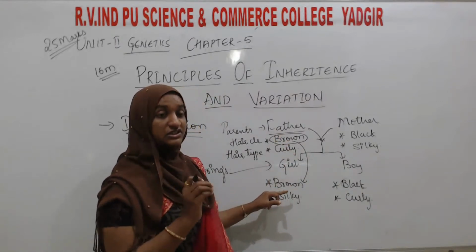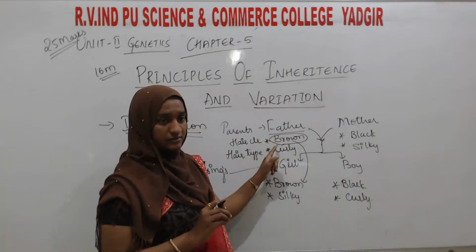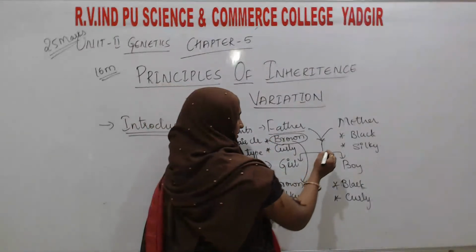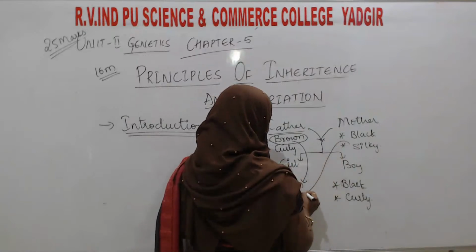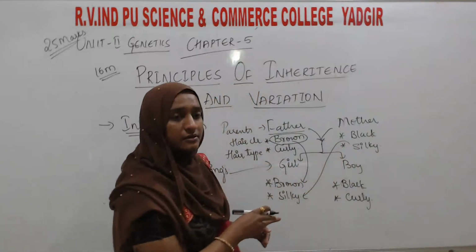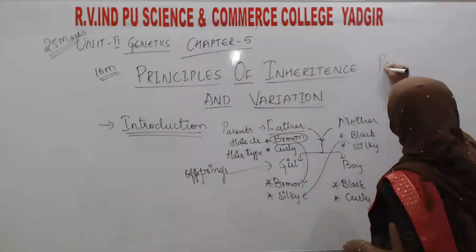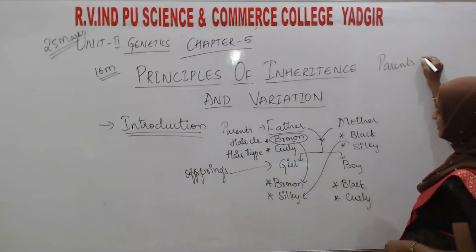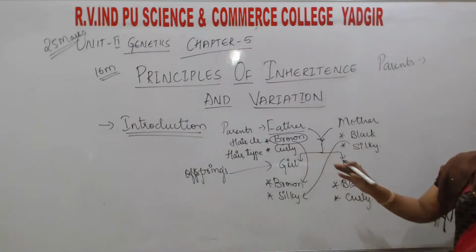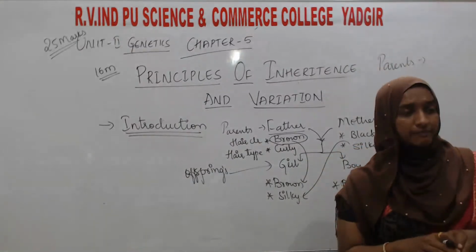From the father, because it's a feature of whom? Of the father. And here the silky type of hair is coming from the mother. Here I will show you why. You will see the characters are going to be mixed up.